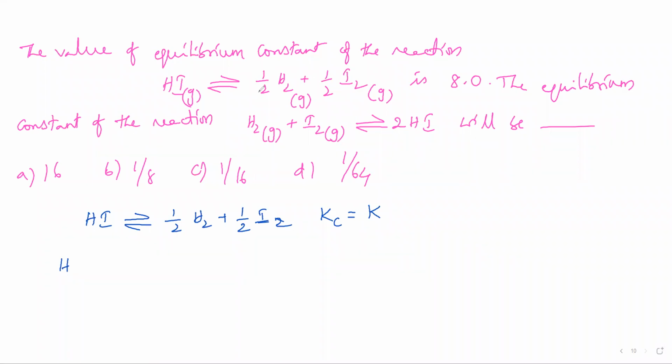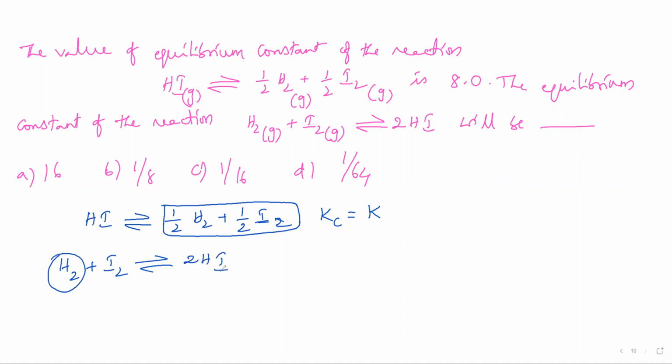The product side is brought down to the reactant side, so H2 plus I2. Here it is half H2, but there it is H2. That means half becomes 1, so the stoichiometry becomes double, and reversed, giving rise to 2HI. So doubled means what will it become?